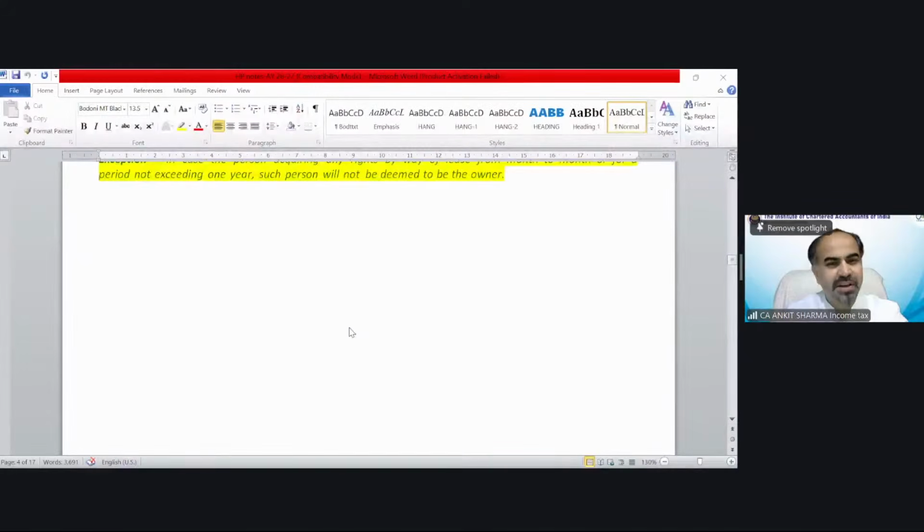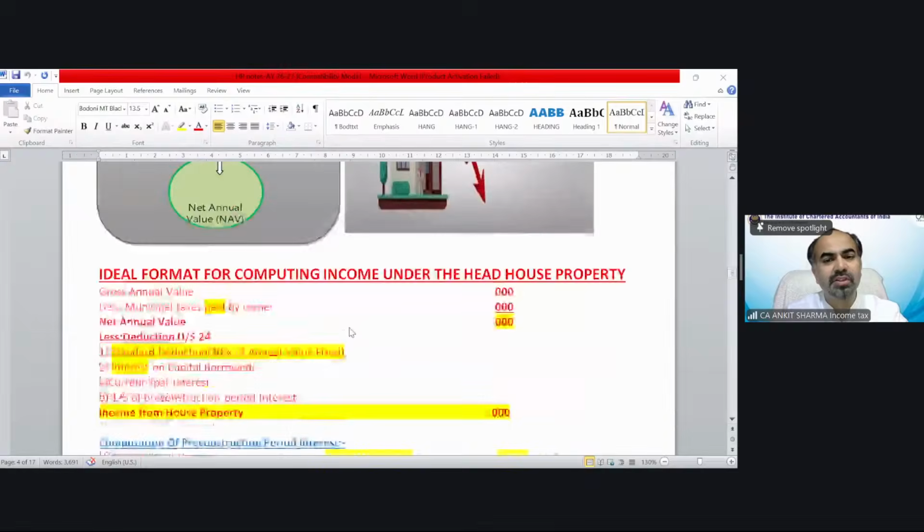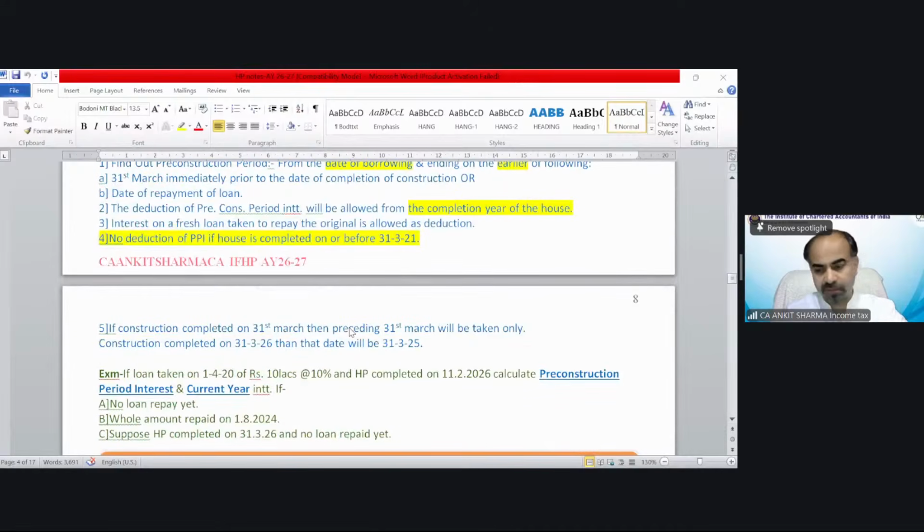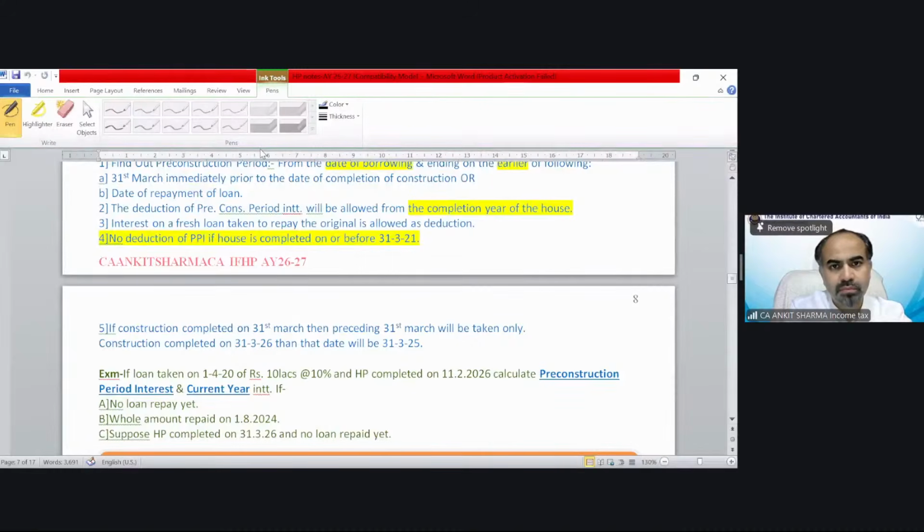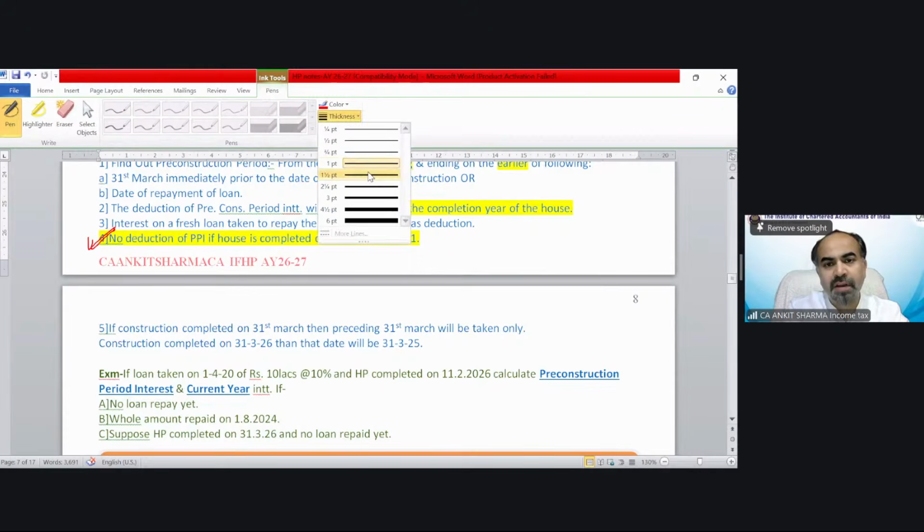In which there was a specific provision which says that you should ignore pre-construction period interest if... this was the note. No deduction of pre-construction period interest if house is completed on or before 31st March 2021.